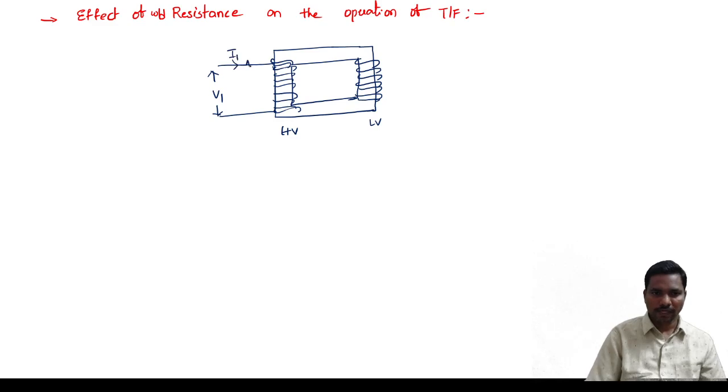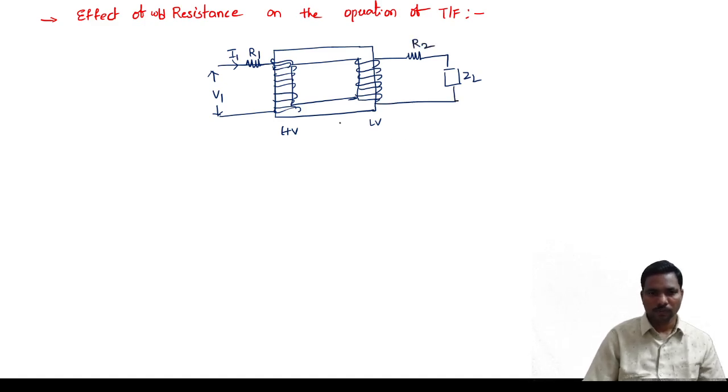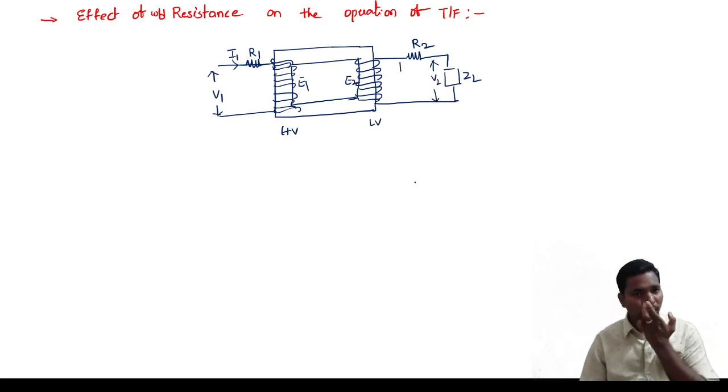This winding has some resistance, let us take R1, and this is connected to load ZL. This is R2. Here EMF E2 is produced, and across this we have the voltage V2.